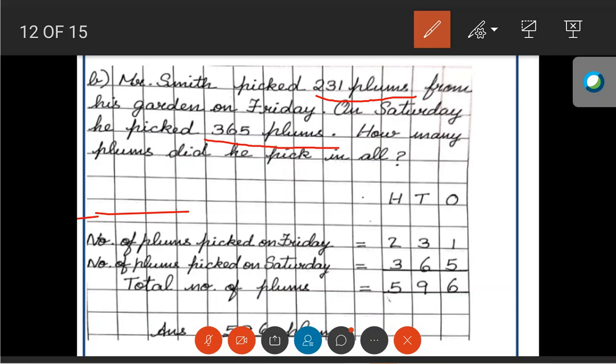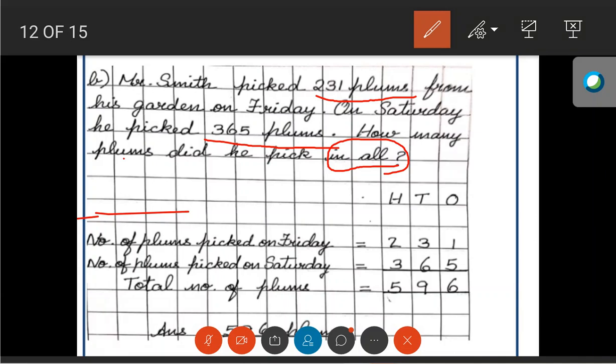How many plums did he pick in all? Once again, Mr. Smith picked 231 plums from his garden on Friday. On Saturday, he picked 365 plums. How many plums did he pick in all?